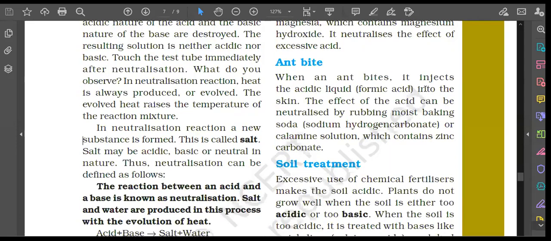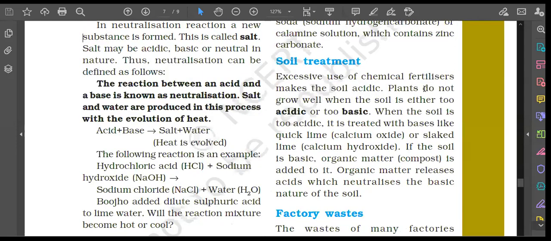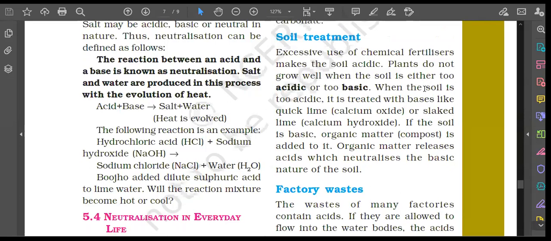Now, soil treatment. Sometimes the acidity of soil increases because of excessive fertilizers or because of acid rain. Soil becomes acidic, and we know that there's a fixed level of acid and base in the soil.